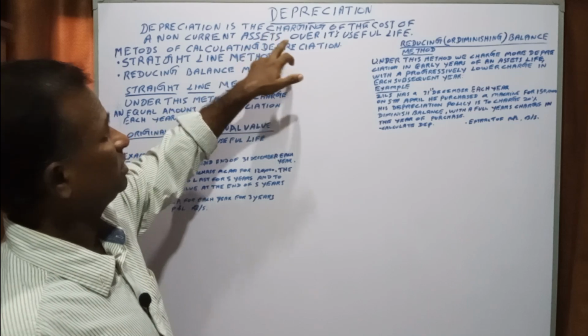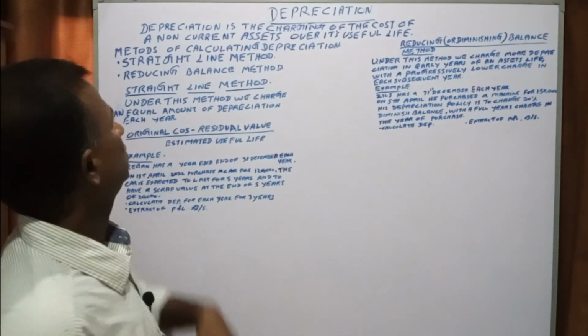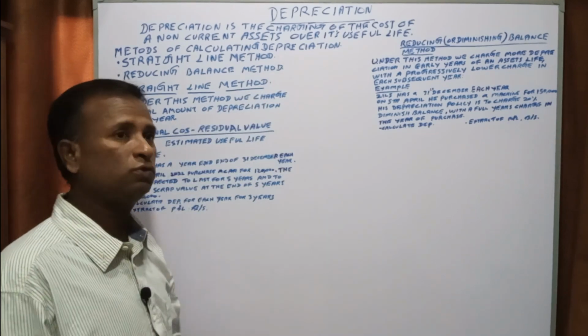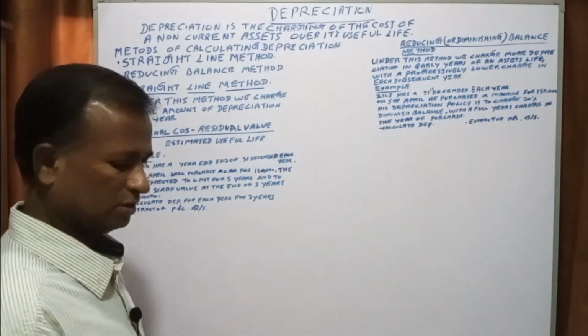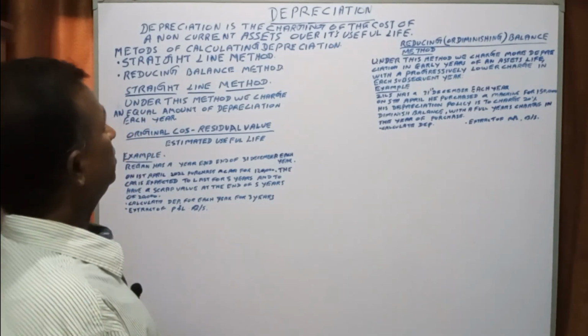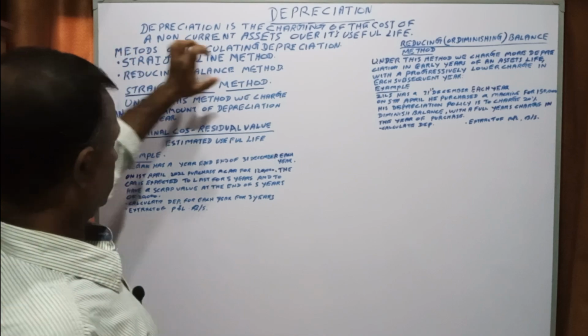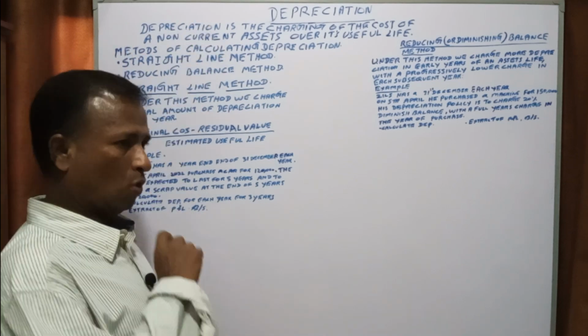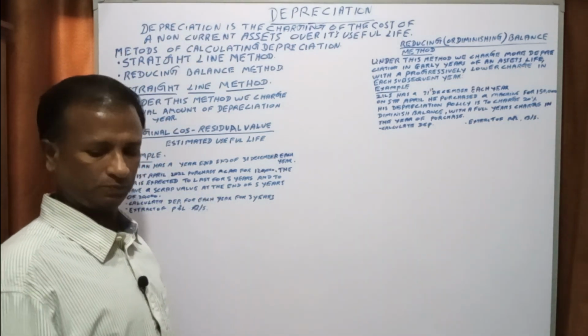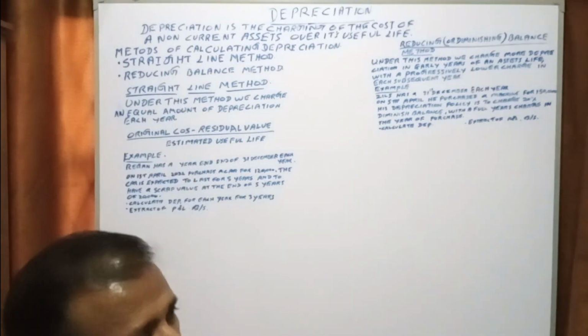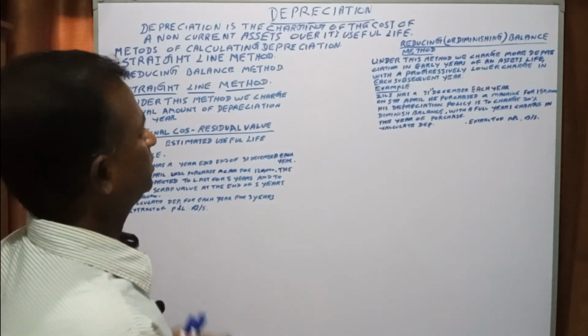First of all we have to see what depreciation is. Depreciation is the charging of the cost of non-current assets over its useful life, I mean its lifespan.